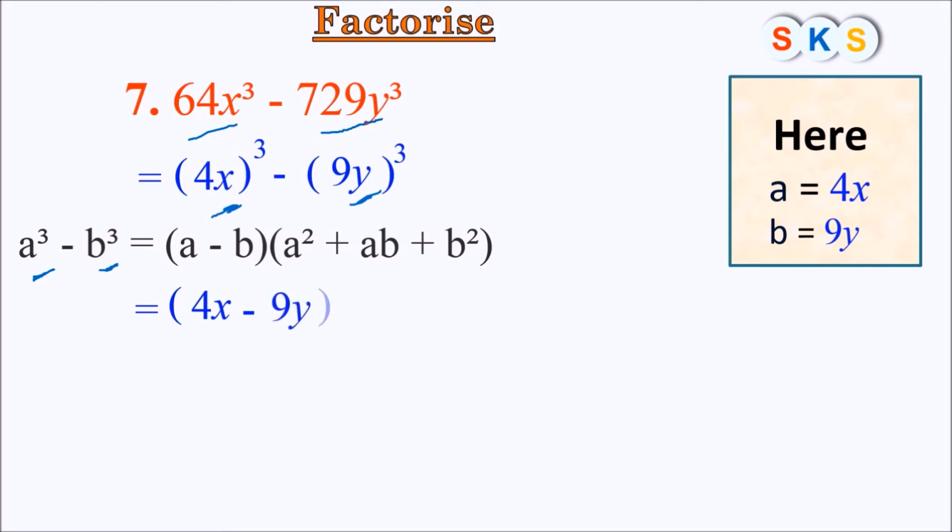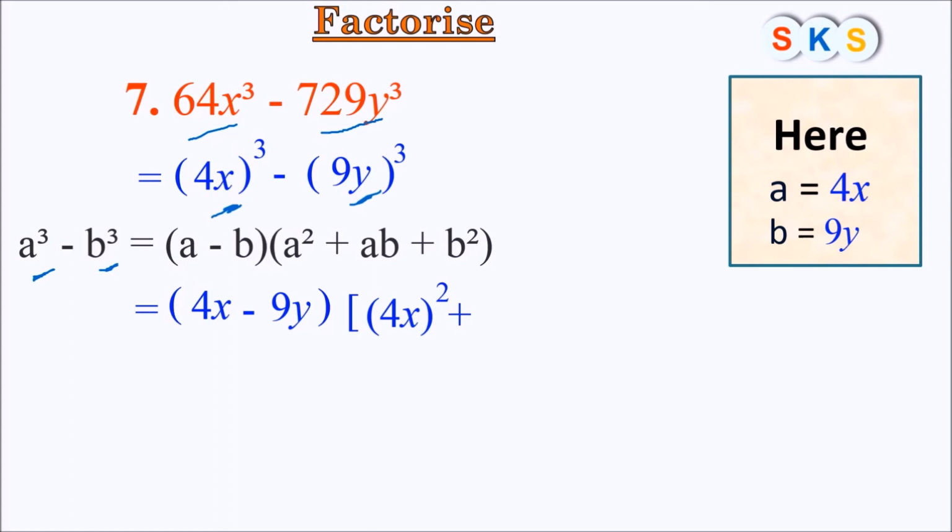Close the bracket. Now we will substitute the value of a and b in the second bracket. At the place of a we will write 4x, so we'll get here 4x the whole square, plus a into b. What will we get at the place of a into b?